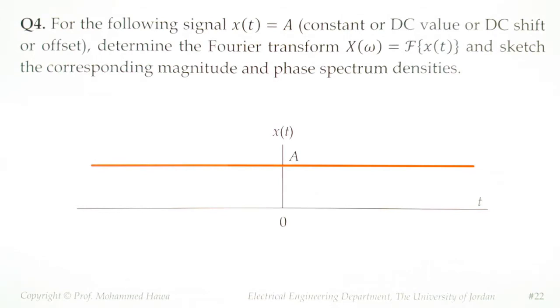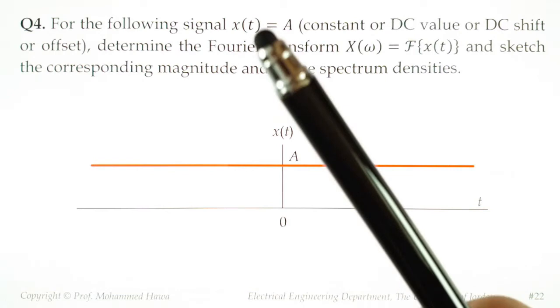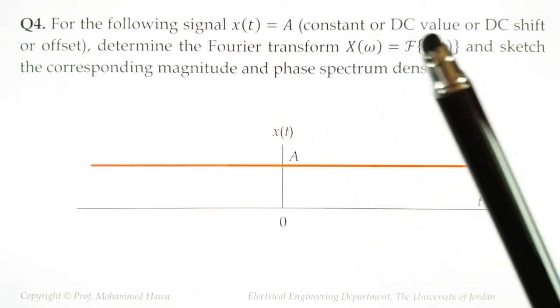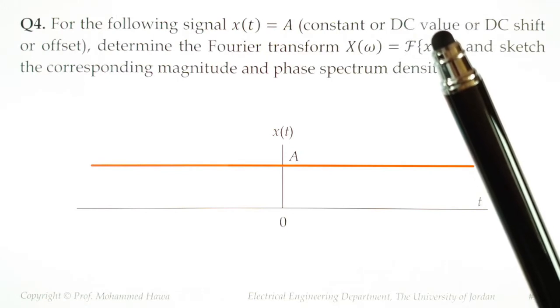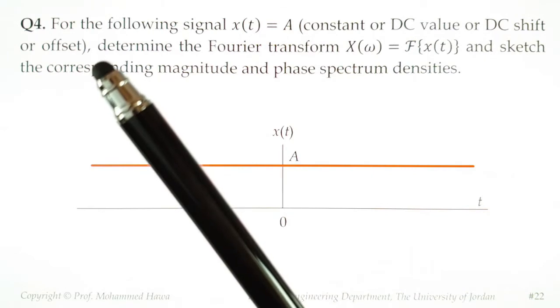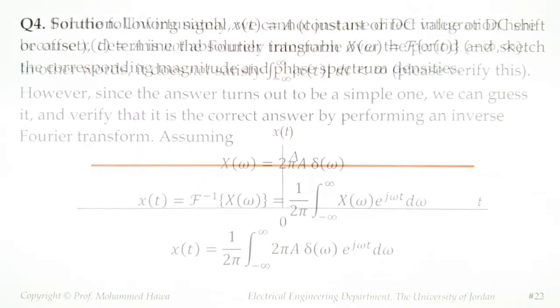What if x of t is constant in the time domain, equal to a? So x of t is equal to a constant, which is, by the way, a DC value. So I want to find the Fourier transform of a DC value, or a DC shift, or a DC offset. What is the Fourier transform of this signal?